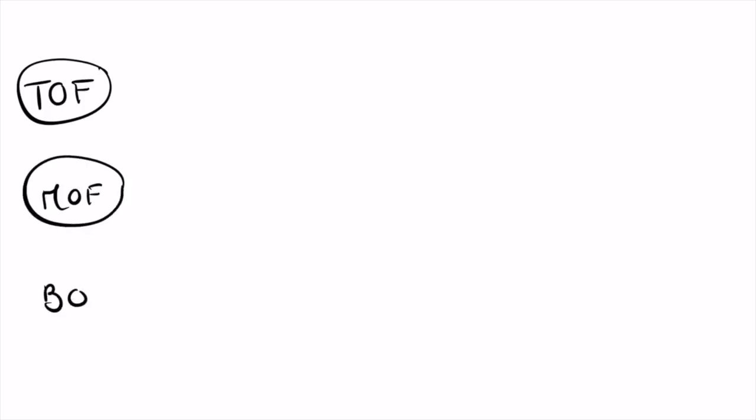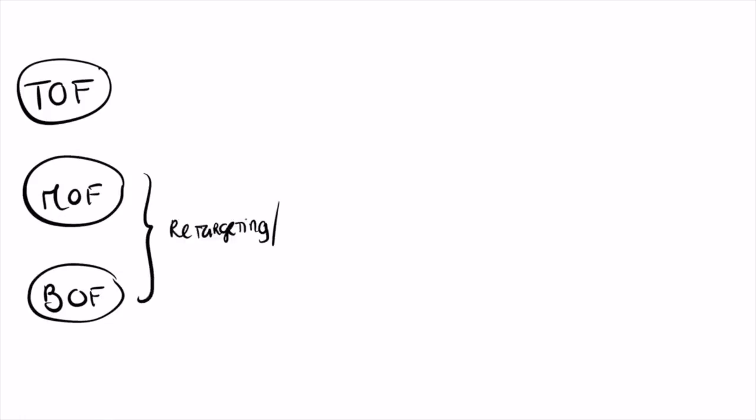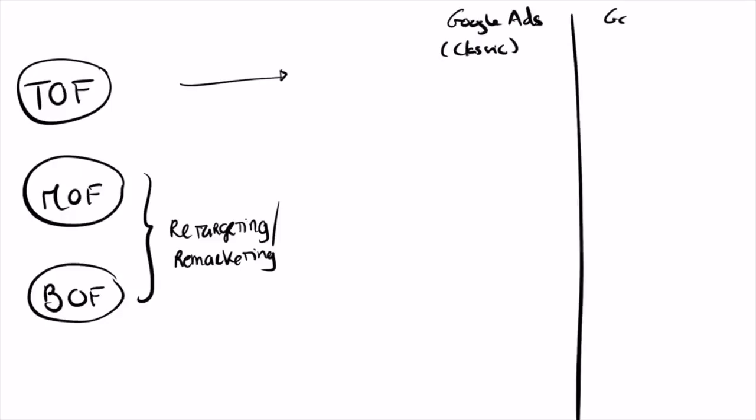So usually you have your top of funnel, which is your prospecting campaign, you have your middle of funnel, and you have your bottom of funnel campaigns, which these two, of course, are retargeting, also called remarketing. Now let's compare Google Ads Classic and Google Ads with Performance Max.